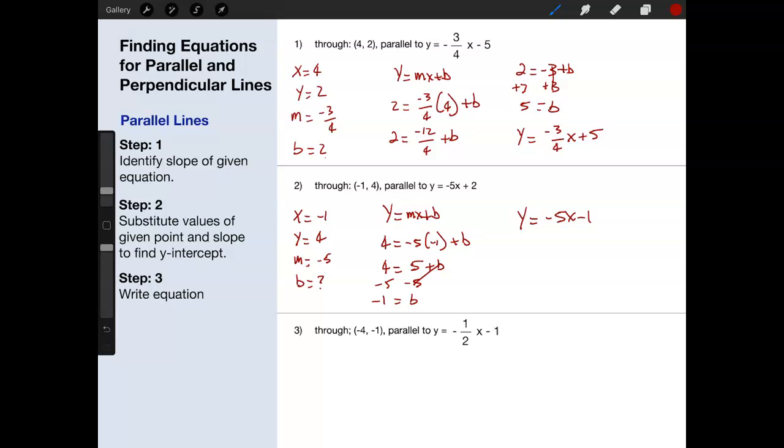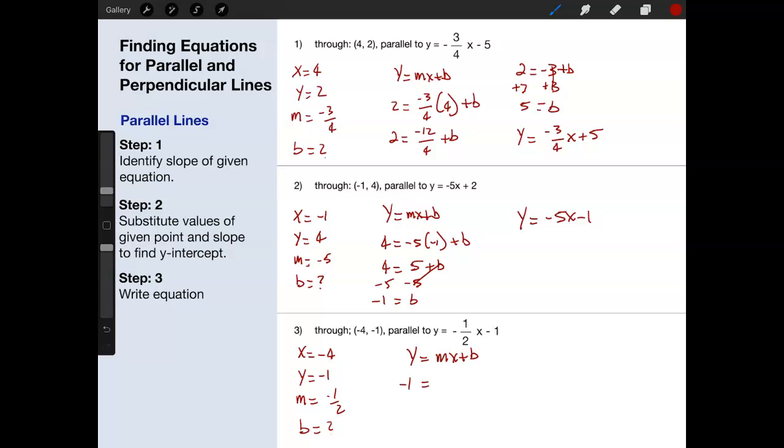And example number 3, we are going through point (negative 4, negative 1), parallel to y equals negative 1/2 x minus 1. Our slope in this case is negative 1 over 2. So again, we list our given information. X equals negative 4, y equals negative 1, m, which is our slope, is negative 1 over 2, and we need to calculate our new y-intercept, or b. I always like to rewrite the equation, y equals mx plus b, and then substitute in our values.